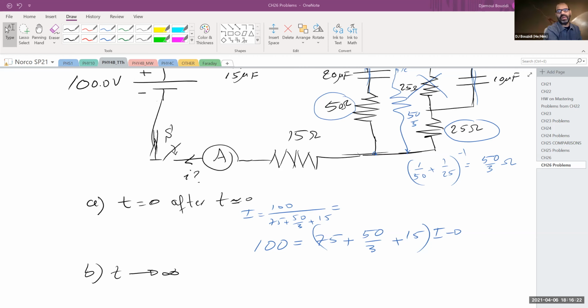Okay, it's telling me that the current right now is 0.938. I'm rounding it and just keeping the 3 sig figs, amps. That's how much current is flowing through the circuit immediately.